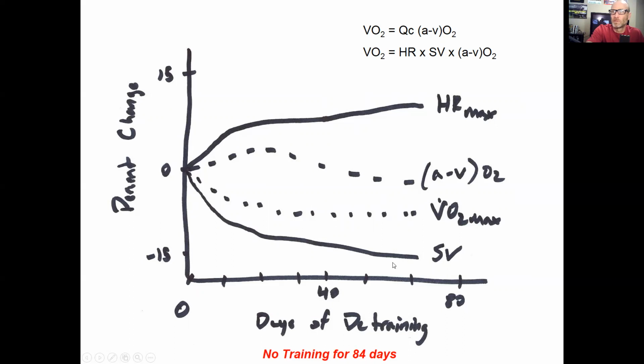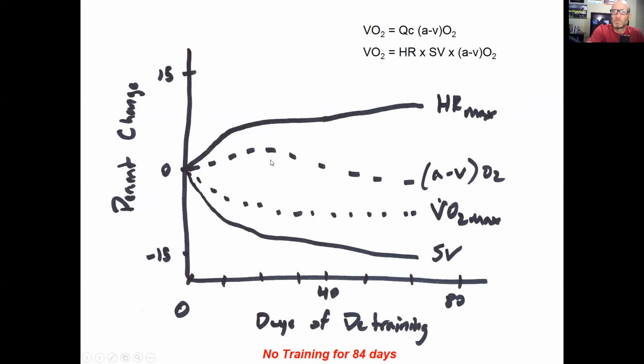Over time, you'll see, well, here's VO2 max. VO2 max will decline over time. Why is VO2 max declining? Well, you can actually see an increase in heart rate. Okay, that seems odd, but you can see heart rate go up. AVO2 difference maybe increases a little bit.